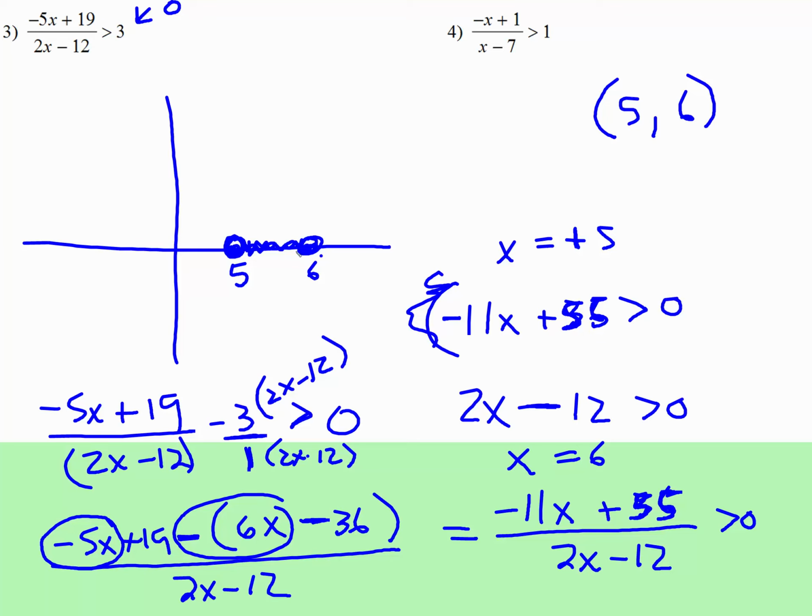These are the values. Anywhere in between here will make the inequality true. All right. Yeah, this is kind of a lot more advanced. We'll be practicing this stuff together in class. All right.